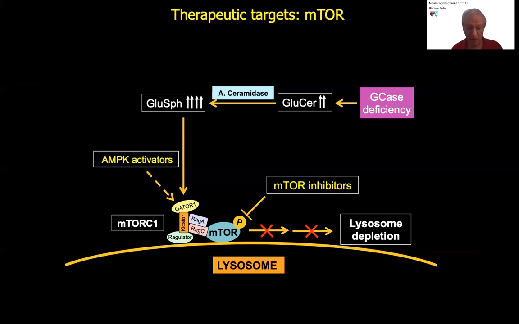Metformin is used by millions of people who have diabetes, and there might be already epidemiological data comparing the incidence of Gaucher disease clinical phenotypes in people who take this drug compared to other people.